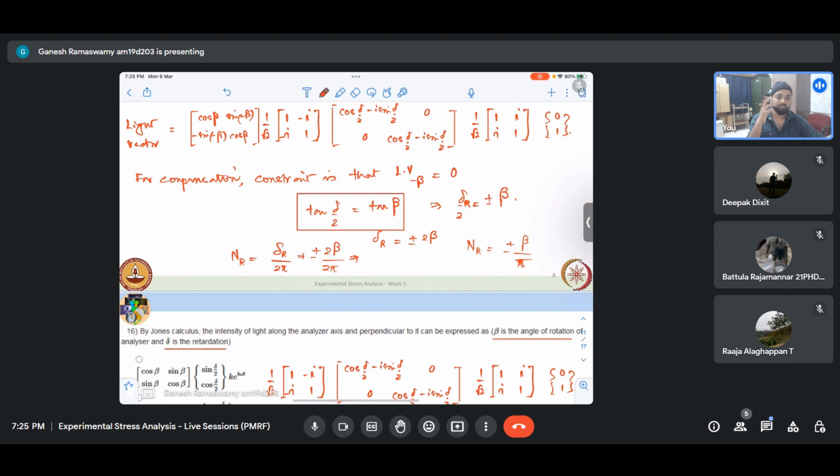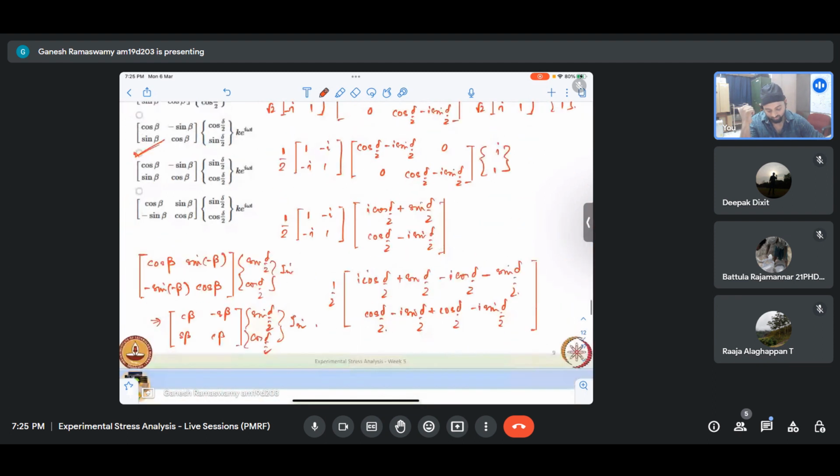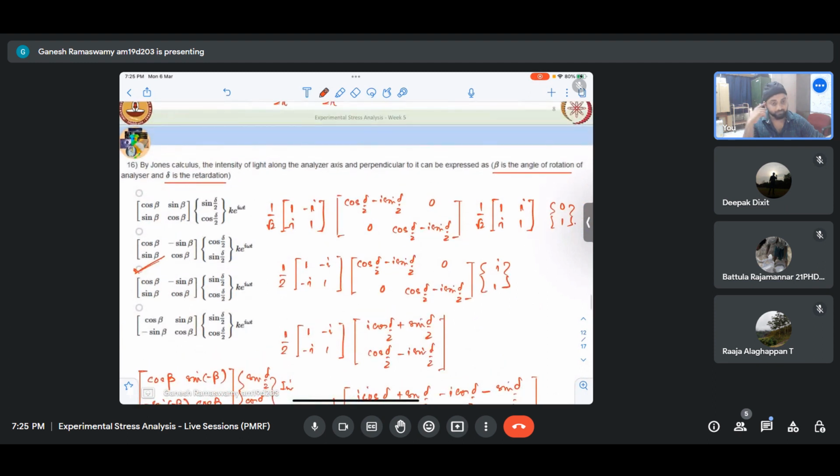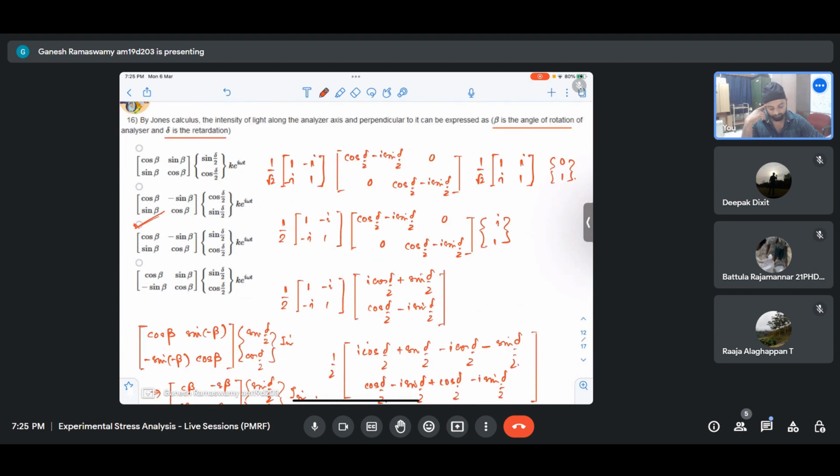So that is how we will normalize it with the wavelength and get our fractional fringe order NR equal to plus or minus beta by pi or beta by 180, depending on how we have taken the measurement, whether in radians or degrees. Okay, so I take it that this is clear. When I post this, I'll go through it.